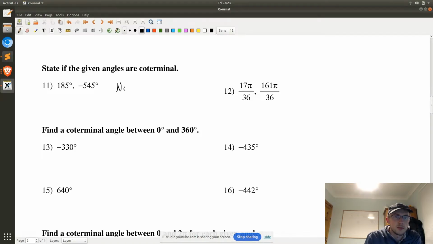So no. And the separation here, 161 take 17, so that's 144. 144 is divisible by 36, so yes.